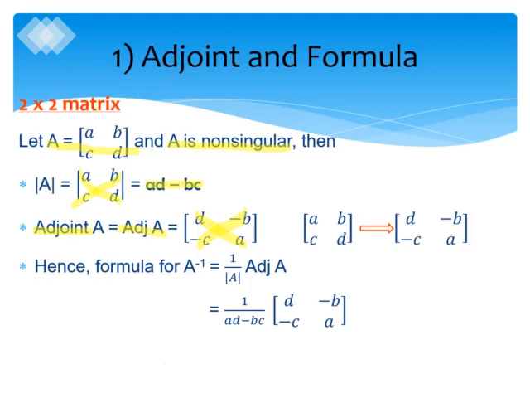As you can see, A and D switch places, and B and C switch the positive and negative. From the left-hand side it is positive, so here it will become negative.